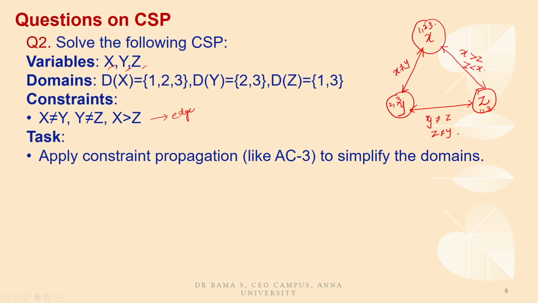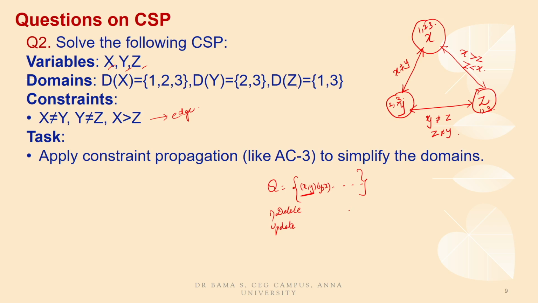Now, if you think about the AC3 algorithm, we will start with a queue with all the edges, xy, yx. Starting with one edge, delete an edge and update the other variables wherever possible.